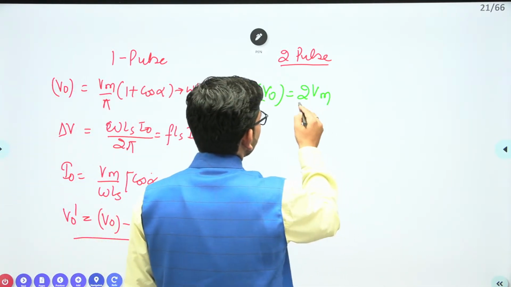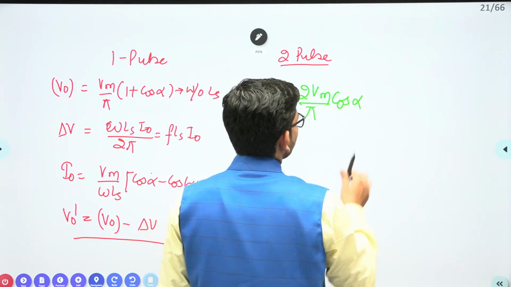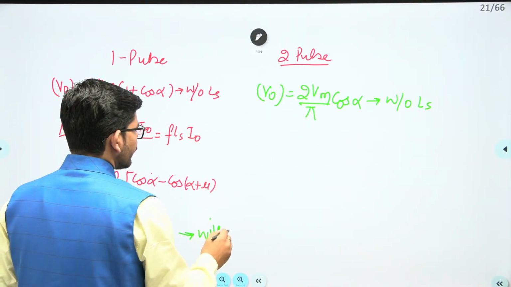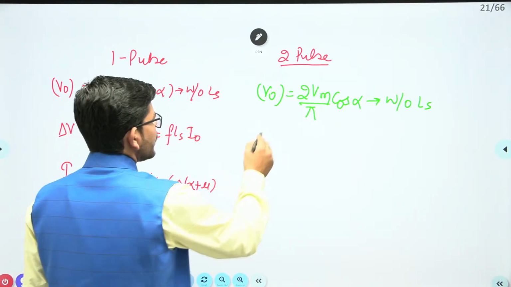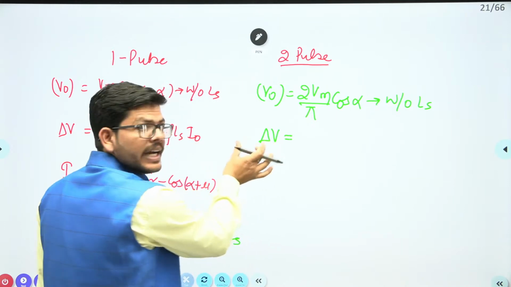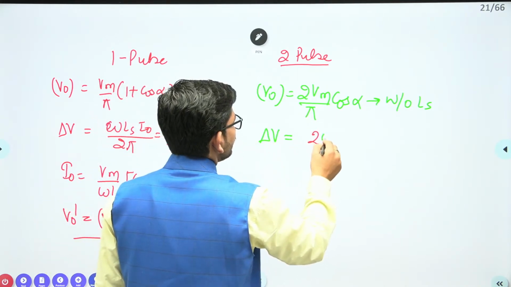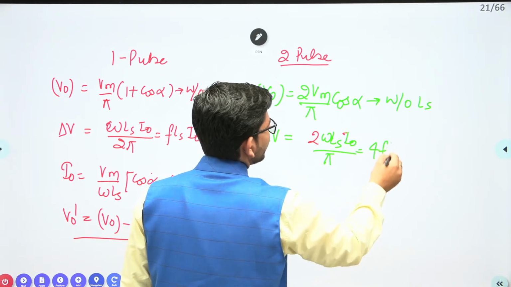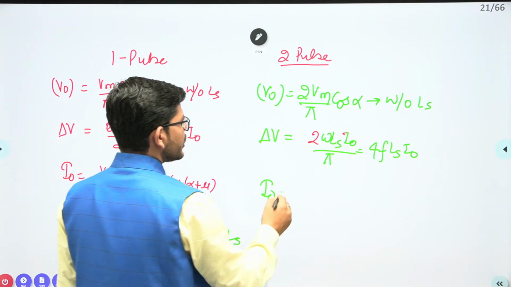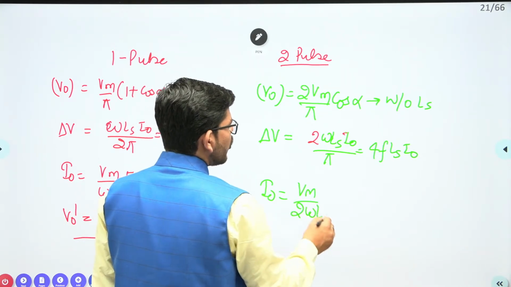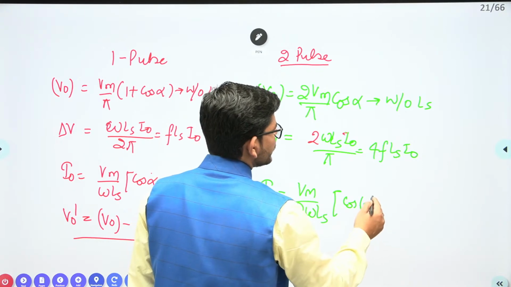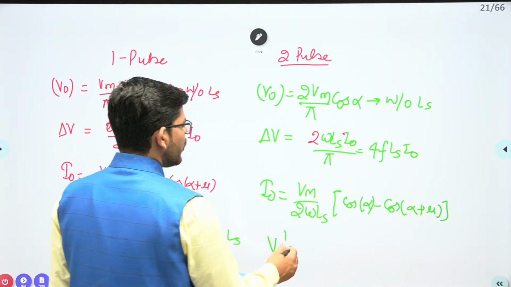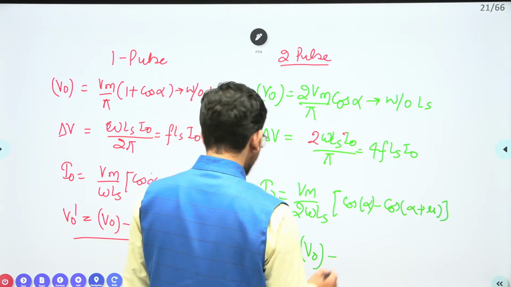When Ls is taken into account, the reduction in the output voltage will be 2 omega Ls I naught over pi, or 4f Ls I naught, and the current expression will be Vm by 2 omega Ls into cos alpha minus cos alpha plus mu, and the new voltage V naught dash will be V naught old minus delta V.